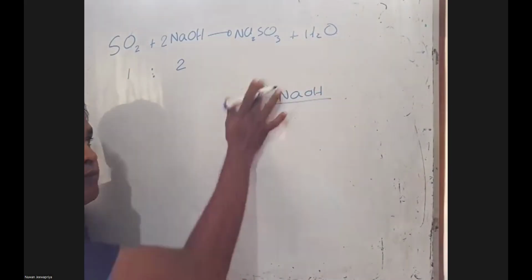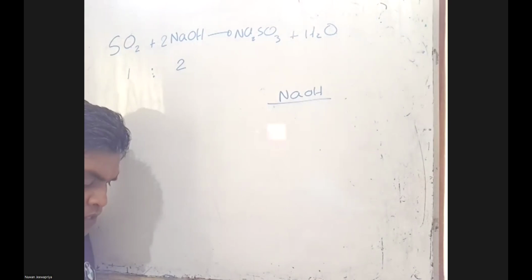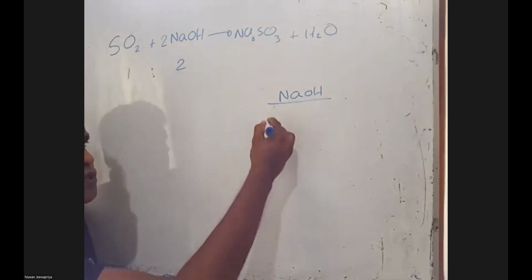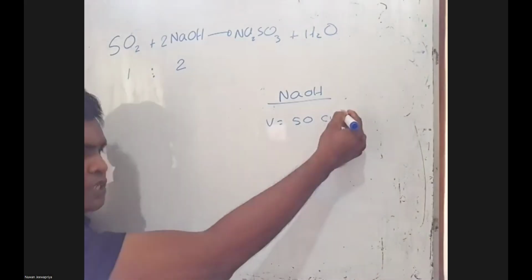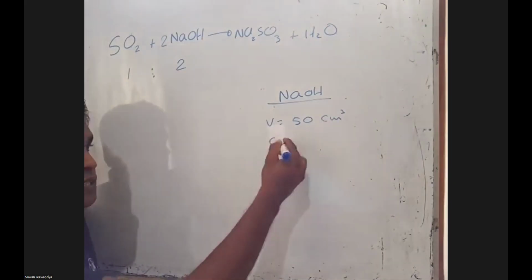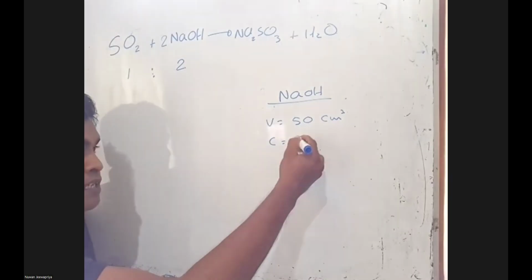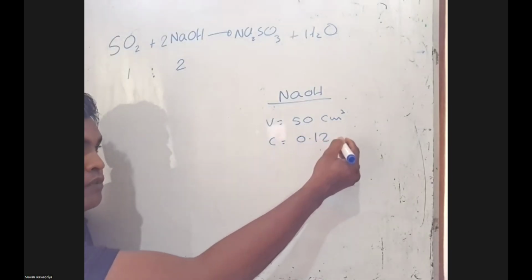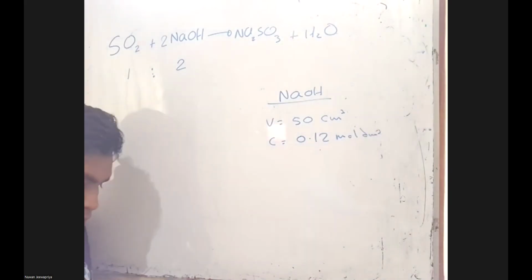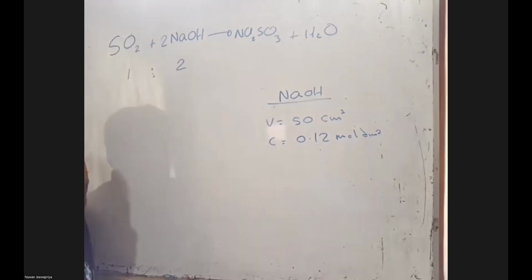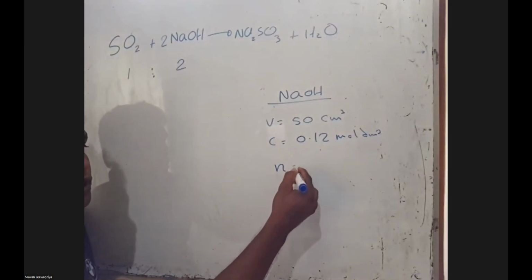from the information given for the sodium hydroxide, the volume is given clearly, that is 50 cm³, and the concentration is given clearly, that is 0.12 moles per dm³. So now we will find the number of moles of sodium hydroxide.